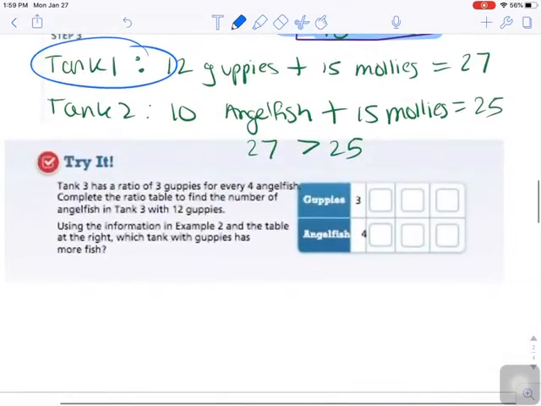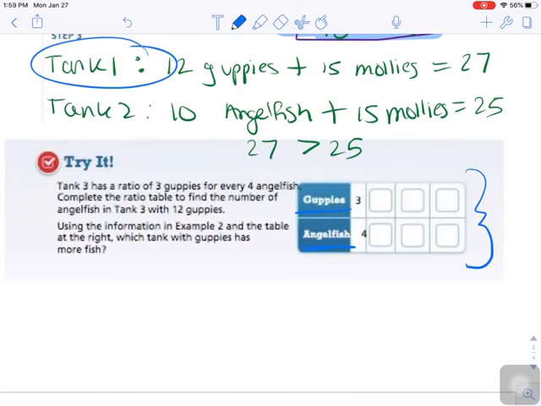All right, so I want you guys to try this last one on your own. Tank 3 has a ratio of 3 guppies to 4 angelfish. Complete the ratio table to find the number of guppies and the number of angelfish in tank 3 when there are 12 guppies. So I want you guys to fill out this ratio table right here and find that when there are 12 guppies, how many angelfish are there?